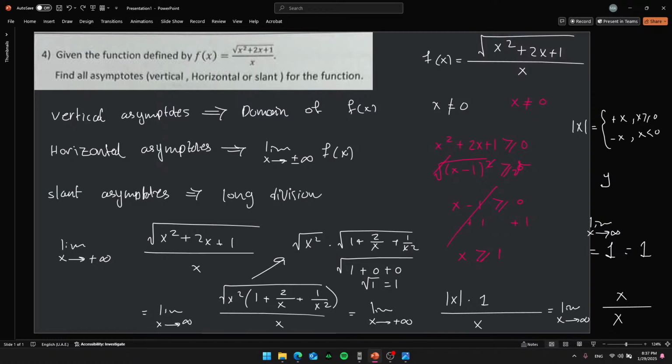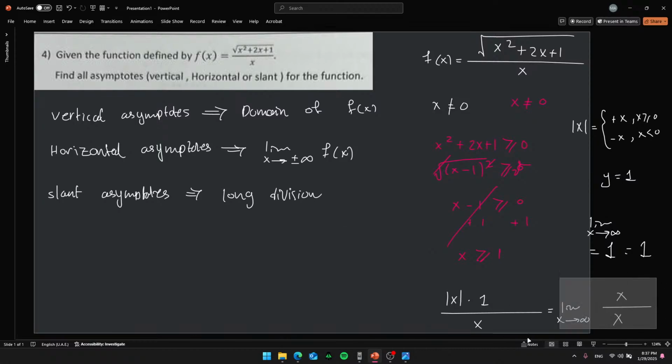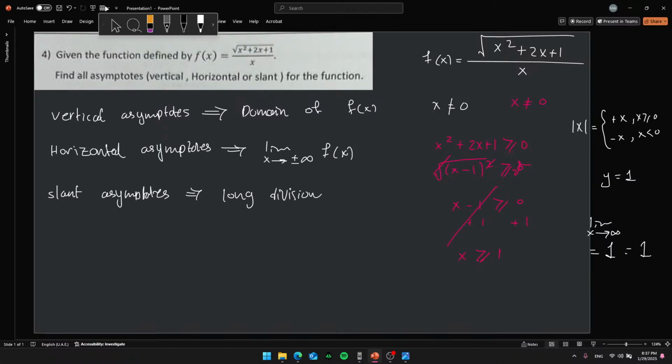So we got one of the horizontal asymptotes by approaching x to positive infinity. Now let's repeat the same process, but with x approaching negative infinity. The limit as x goes to negative infinity of the square root of x squared plus 2x plus 1, over x.